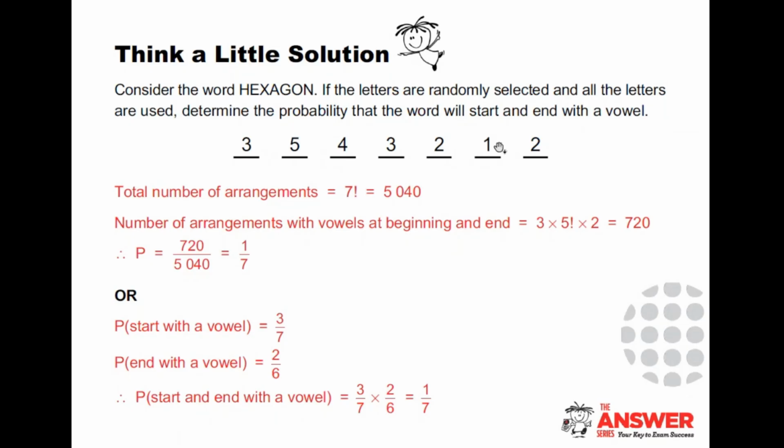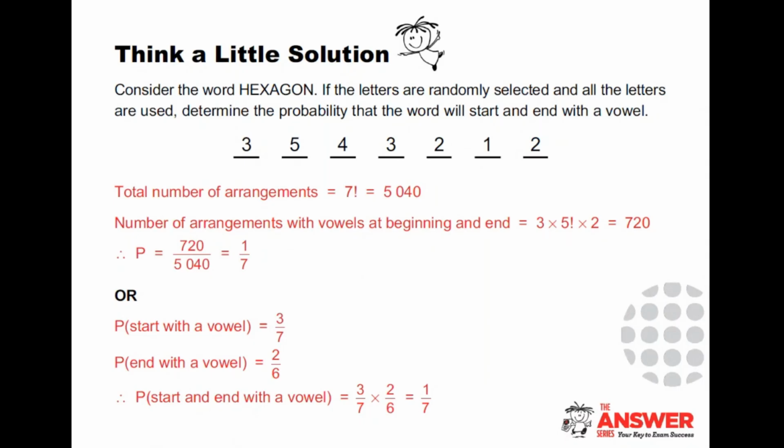How many ways can I arrange these? 5 factorial. So how many ways can I have a vowel at beginning and end? It's 3 times 5 factorial times 2. So what's the probability? It's 720 divided by 5040, which is 1 over 7. So there's one way of doing it.